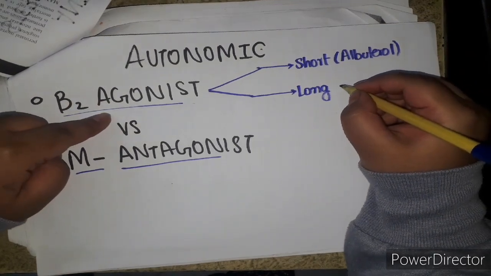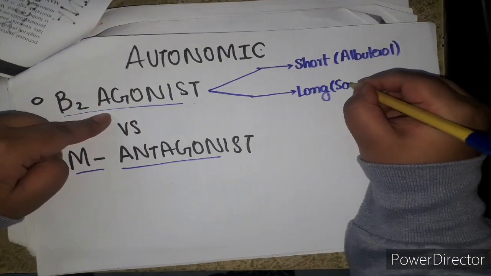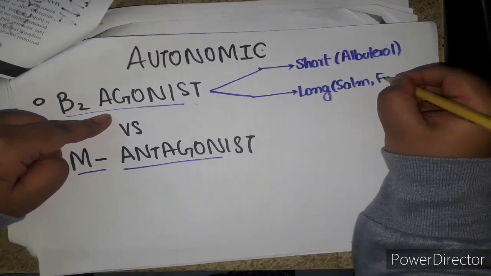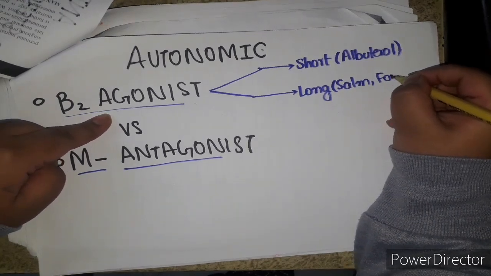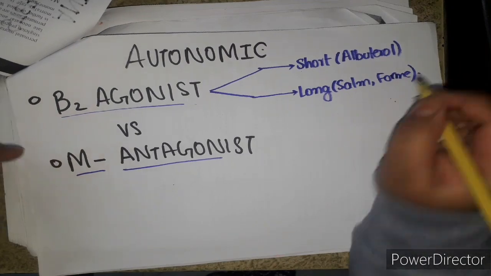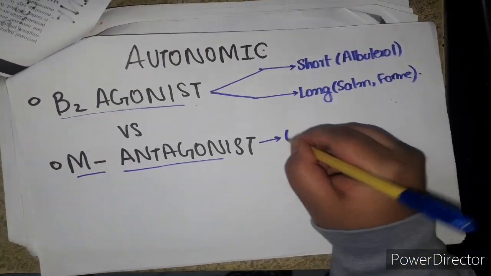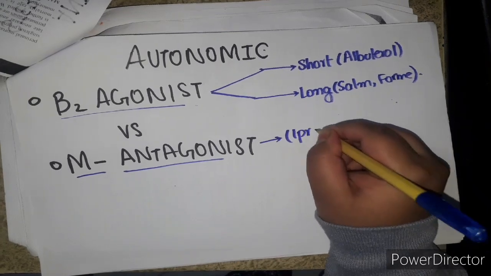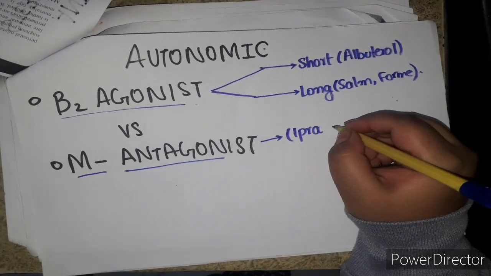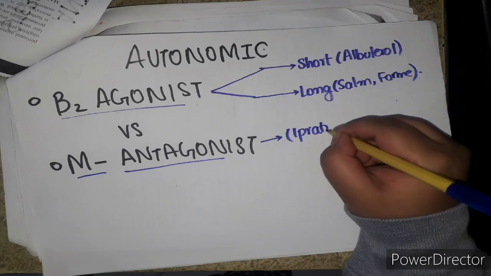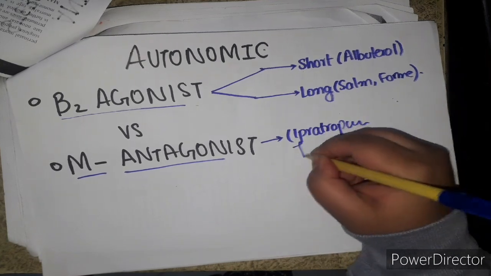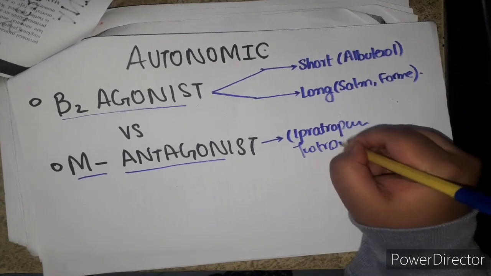Long acting ones include salmeterol and formoterol, right? Okay, and then we have the muscarinic antagonists. We are studying these names for quite a while now. These are ipratropium and tiotropium, right?